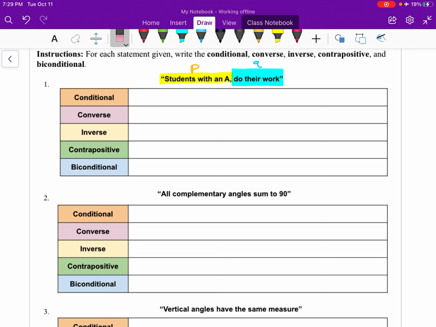So once again, we're going to take this statement and rewrite it 5 different ways using the conditional, the converse, the inverse, the contrapositive, and the biconditional. So let's get right into it.